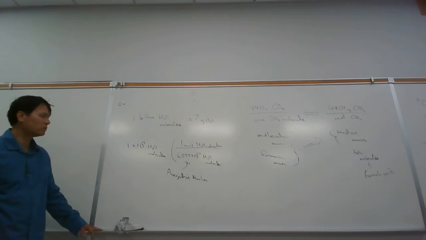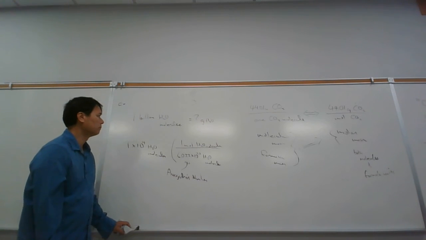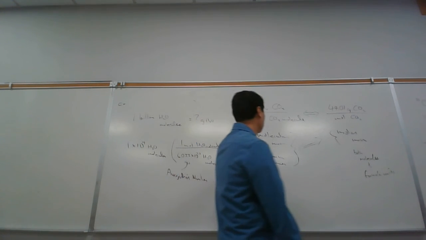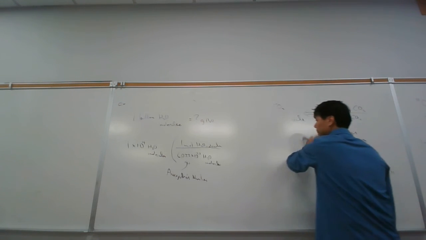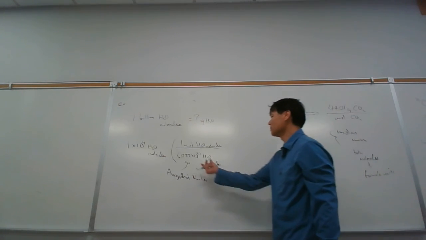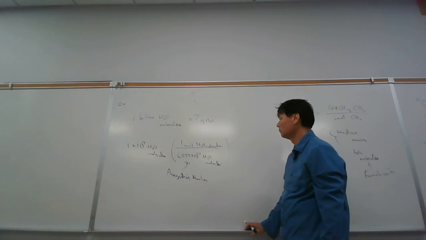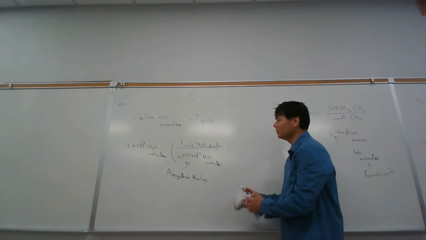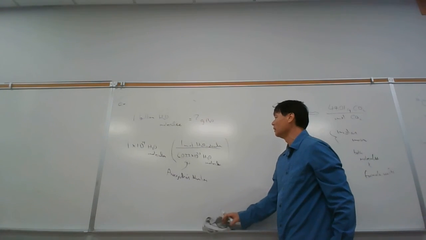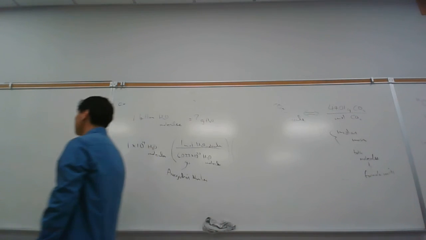So if I had an Avogadro's number's worth of water molecules, it would be 1 mole. So I need a lot of water molecules to make a mole. I only have 1 billion. And so if I stop here, I'll have the number of moles of water molecules. But the number of moles of water molecules is a little abstract. And so what I'm going to do is try to figure out how many grams are in it.